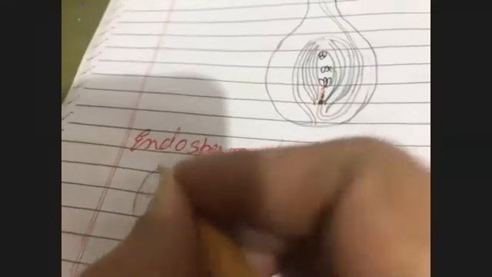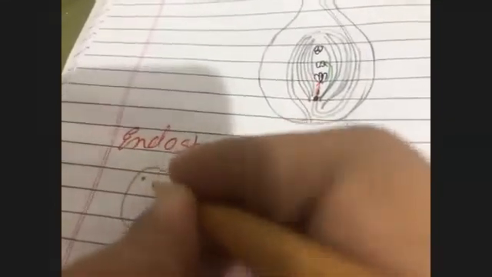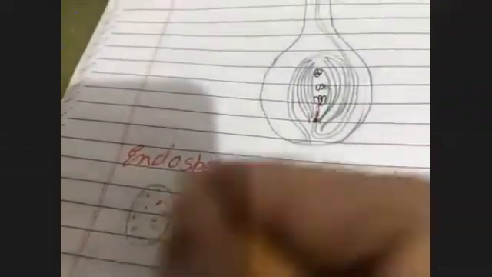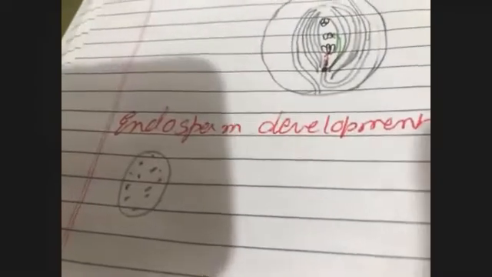That particular primary endosperm nucleus, in turn, will go on dividing and redividing. ये मेरा 1 है, इसका जो न्यूक्लियस है ना वो ऐसा न्यूक्लियस डिवाइड हो गया, 1 से 2, 2 से 4, 4 से 8, 8 से 16, 16 से 32 ऐसा। साइटोप्लाज्म डिवाइड नहीं हुआ, खाली न्यूक्लियस डिवाइड हुआ.